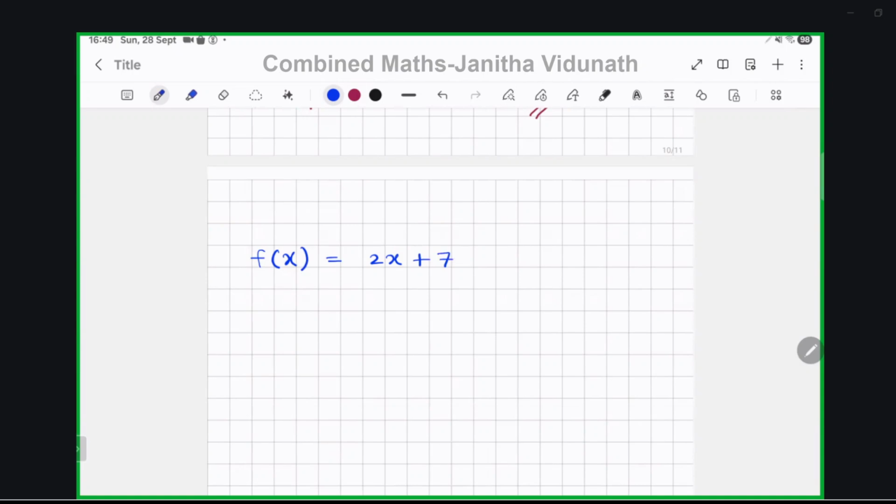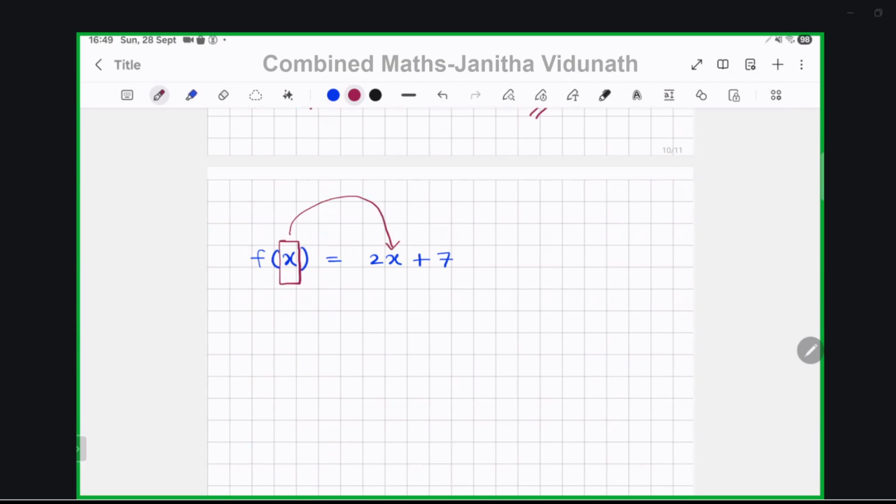This is our function. Inside the bracket, we have the variable x, and in our function we have a variable.